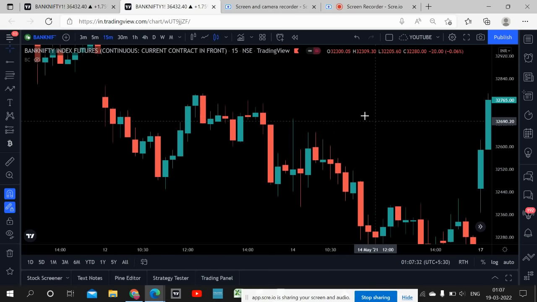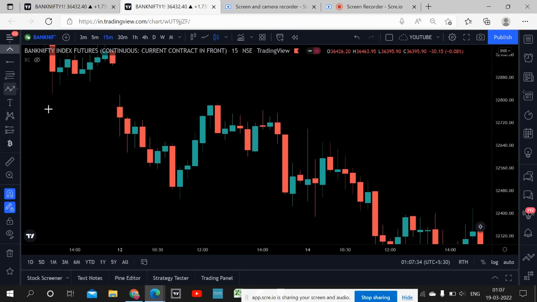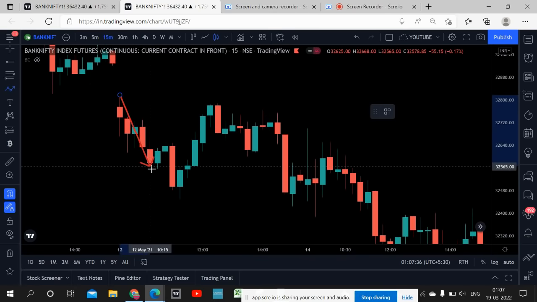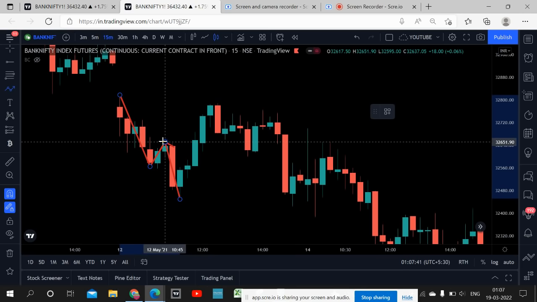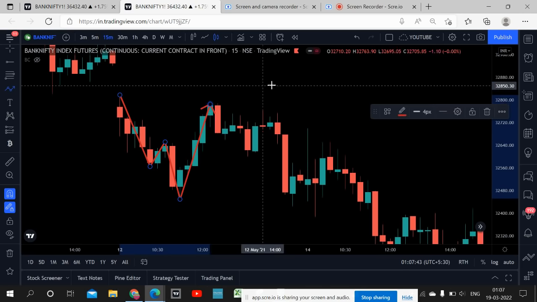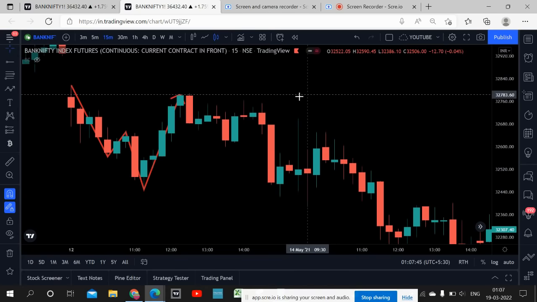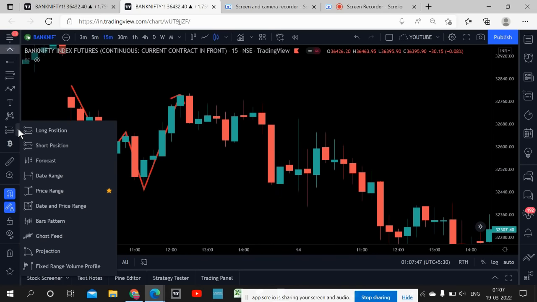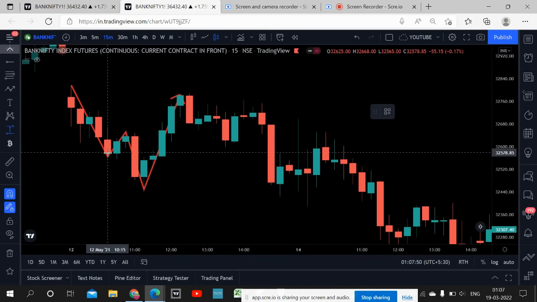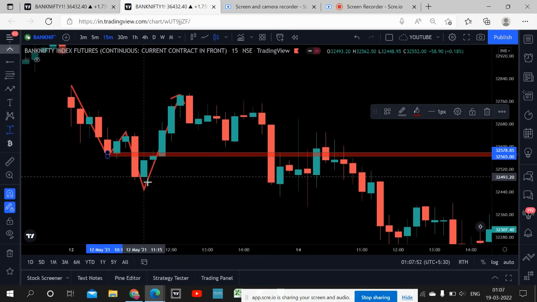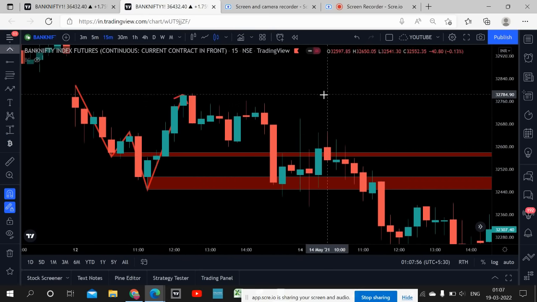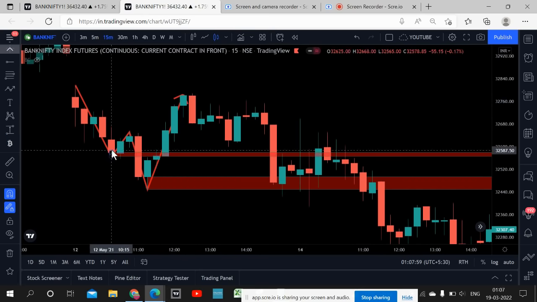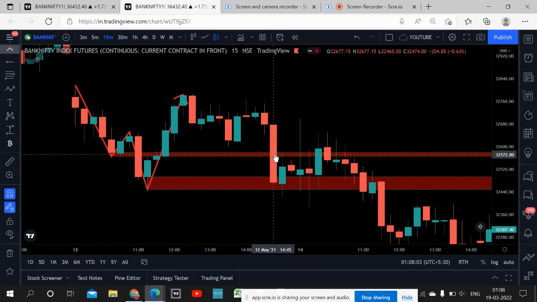Okay, again one more. We have a strong closing over here and the trend is reversed. So what has happened here? In this range, when the market came here, it came with heavy selling.